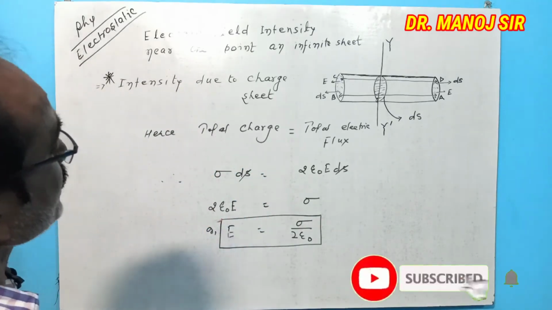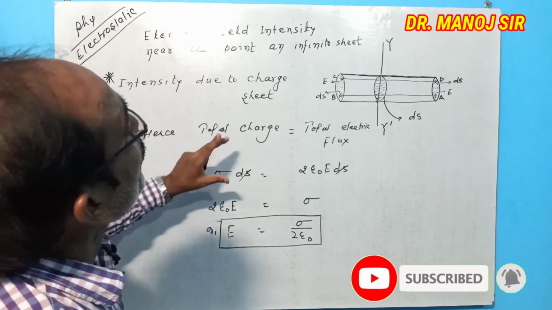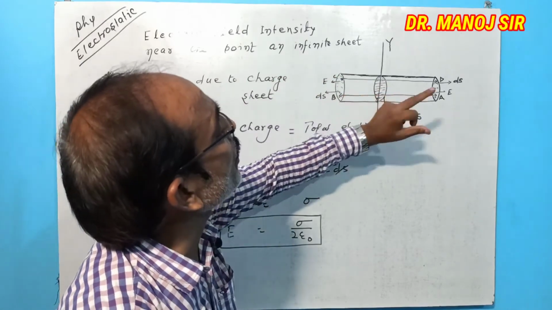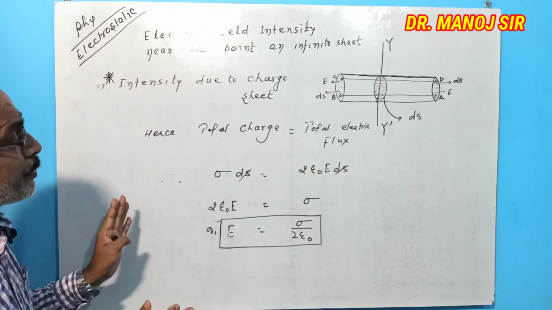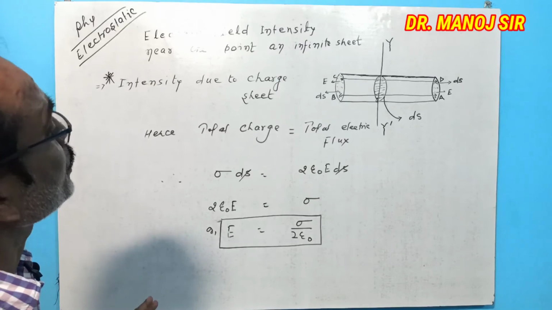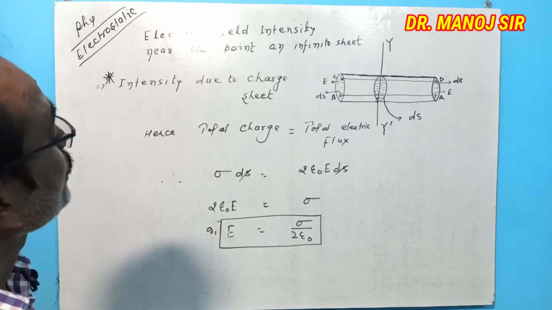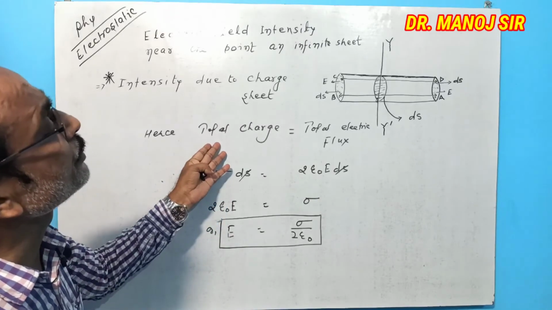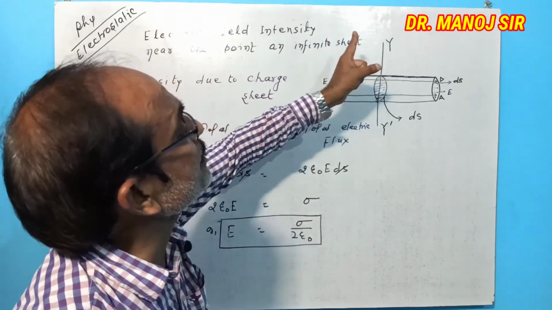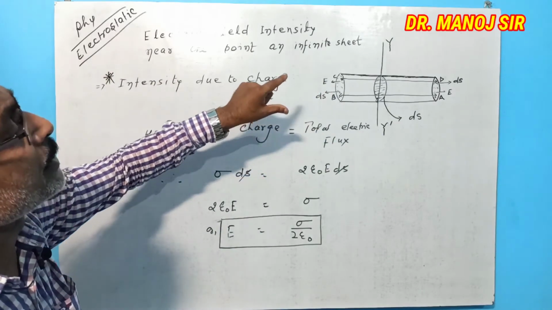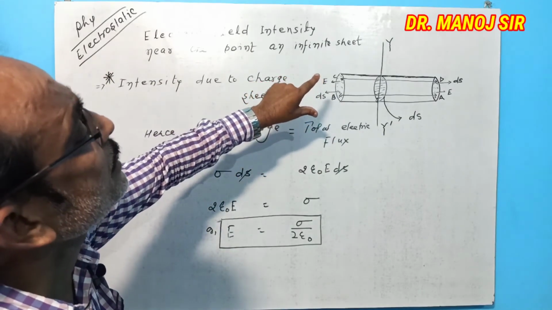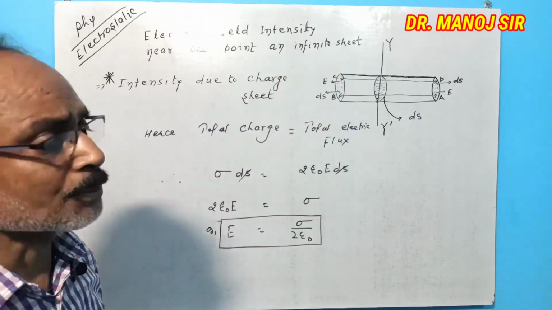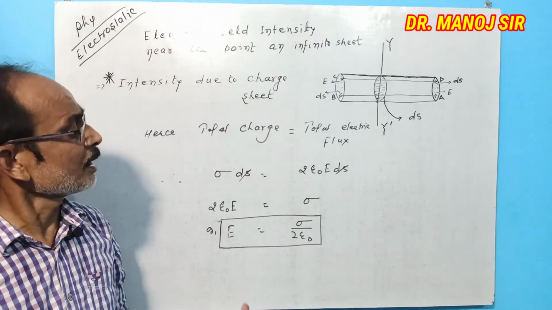According to Gauss's law, total electric flux of a charged body is equal to the total charge of the surrounding sheet on which the cylinder is kept vertically along the y dash axis.